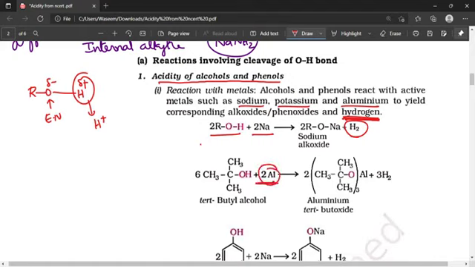Aluminum is a more electropositive element. See here, the statement given is active metals, electropositive metals, to release hydrogen gas also. So these two reactions prove that alcohols are acidic in nature.